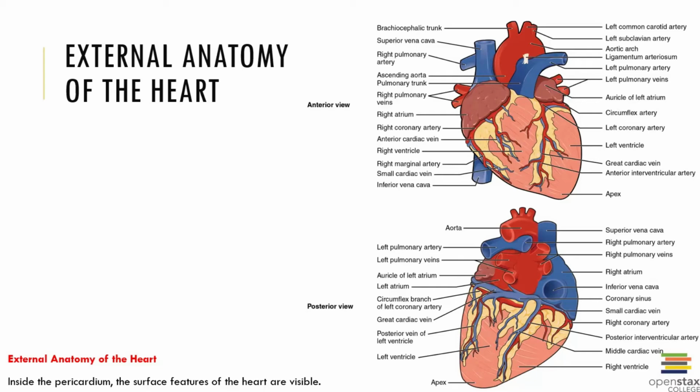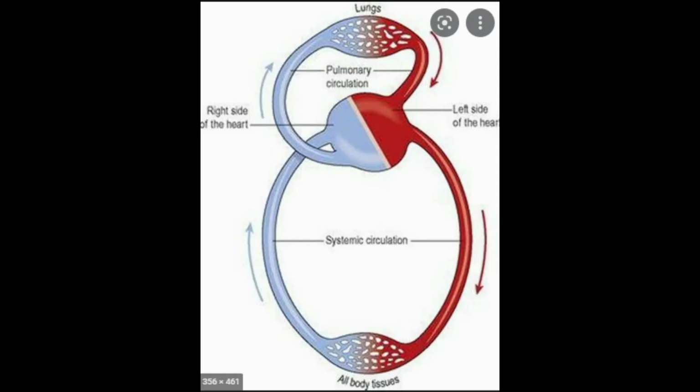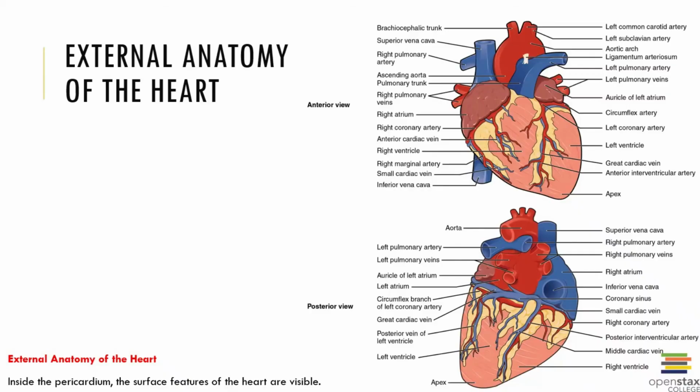The left ventricle is 3 times more muscular than the right ventricle and is round in cross-section. So it develops more pressure to pump blood around the body. The systemic circuit is what we call that. And the inner surfaces of the ventricles possess a series of large irregular muscular ridges called trabeculae carneae.